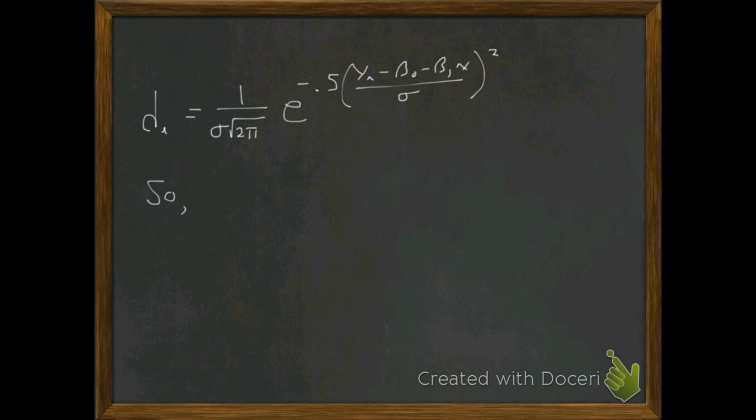So our likelihood function is going to be the product of the densities.